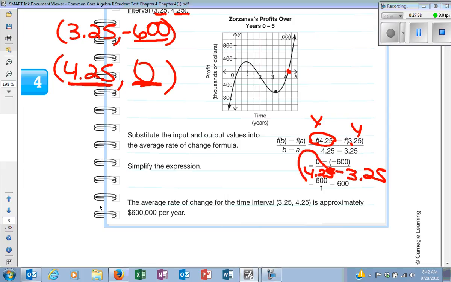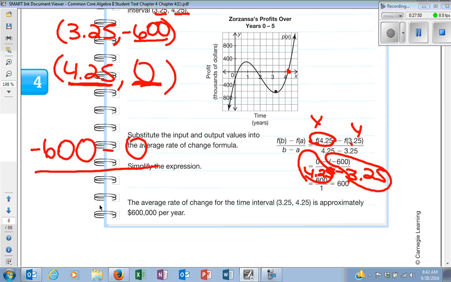What are these two guys together? An ordered pair. What are these guys together? Could I have written it like this? Negative 600 minus 0. Yes, as long as what happened down here? 3.25 minus 4.25, and it would give me the same answer.